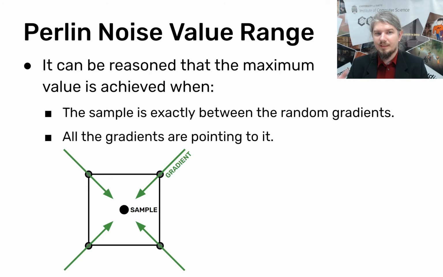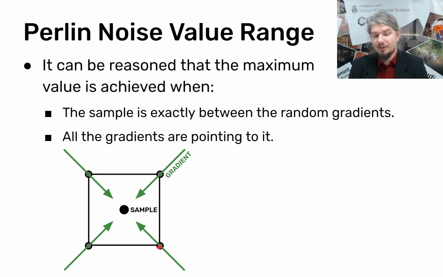Now there is this interesting question, like what is the value range of Perlin noise? So it can be reasoned that the maximum value is achieved when we take the sample exactly between the random gradients. So exactly in the middle here. You might have noticed that the value of Perlin noise at exactly these points where we have the random gradients is going to be 0.